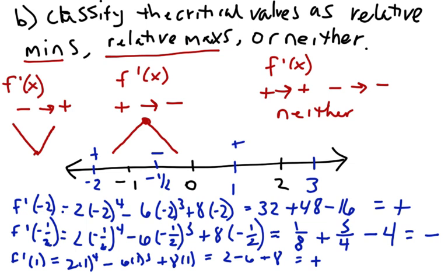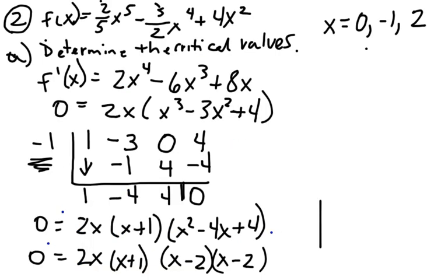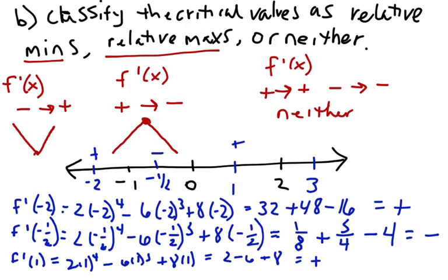And now last, f prime of 3 is 2 times 3 to the 4th power minus 6 times 3 cubed plus 8 times 3.